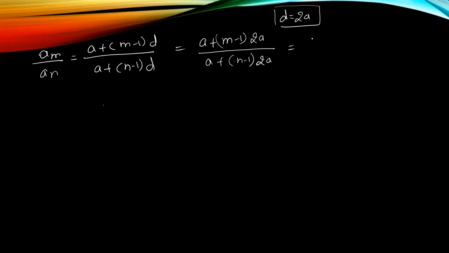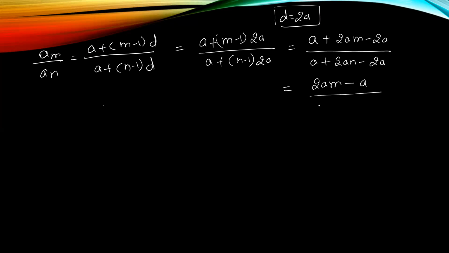Further, this can be written as (a plus 2am minus 2a) upon (a plus 2an minus 2a). This gives you (2am minus a) upon (2an minus a).